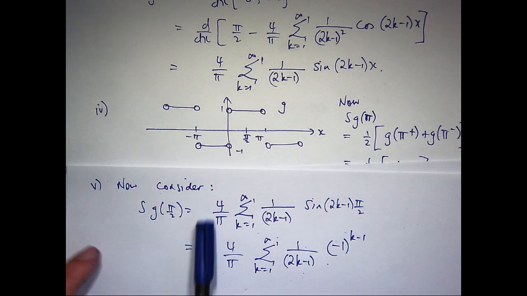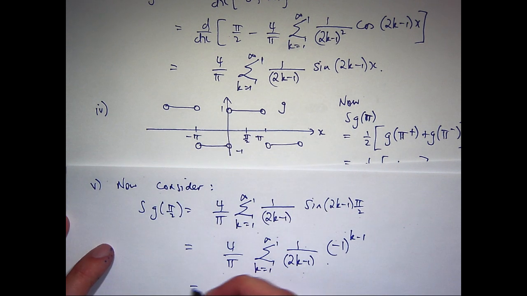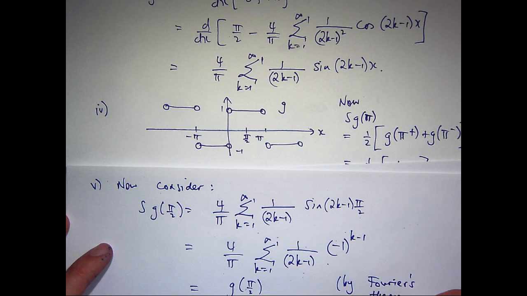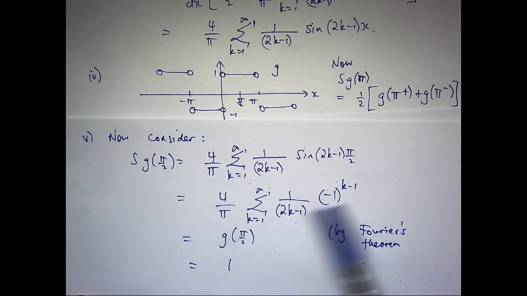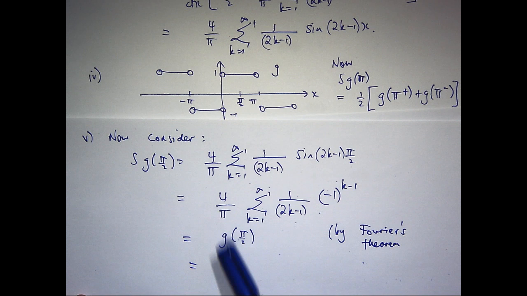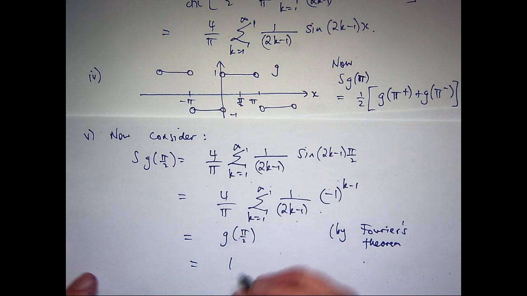So by Fourier's theorem, this must equal 1. So now I've got some sort of series in here that I can rearrange. I can take the pi on 4 to the other side.